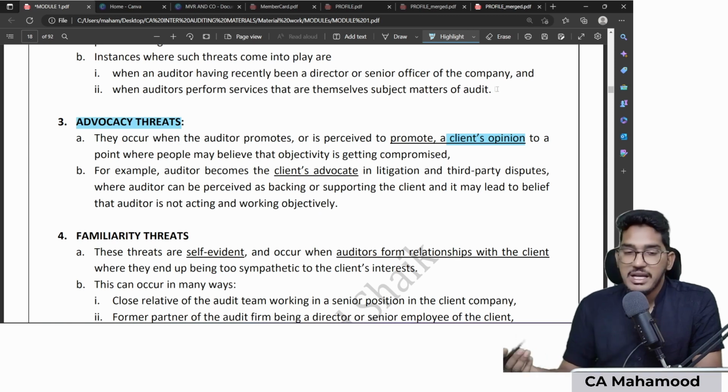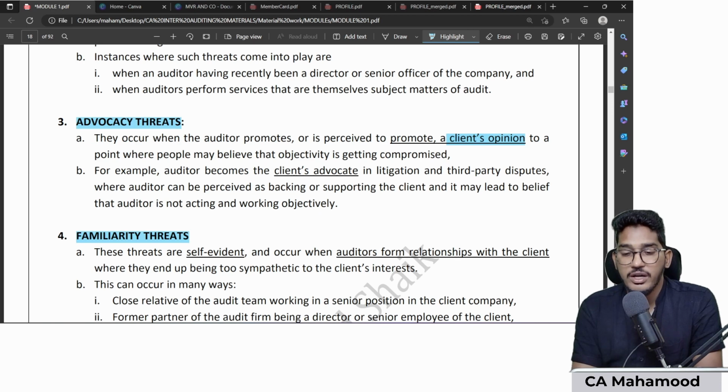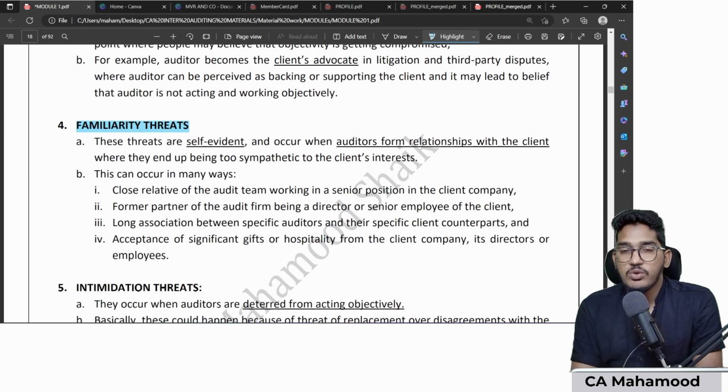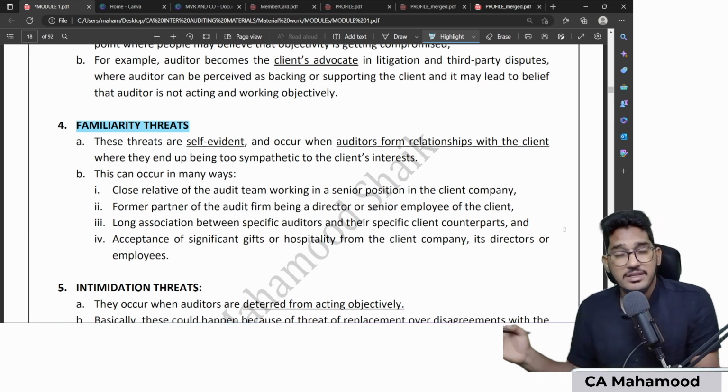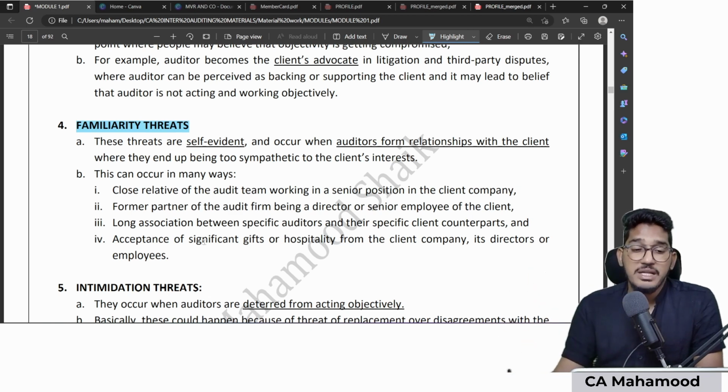Then finally, the familiarity threat. As the name itself says, this kind of threat occurs when the auditor has some close personal relationship with the client. For example, the auditor has a close relative in the top-level management of the company, or you have been acting as an auditor for a significant amount of time, say the last 20-30 years, continuously auditing a company, or you are accepting significant gifts and hospitality from the client.